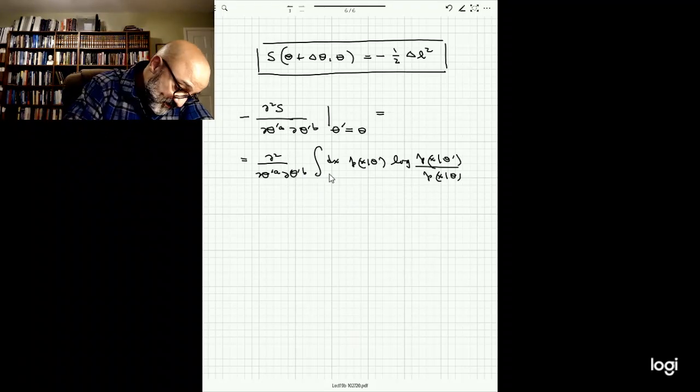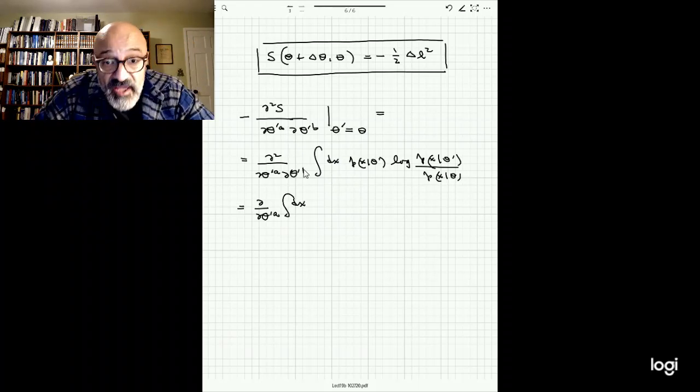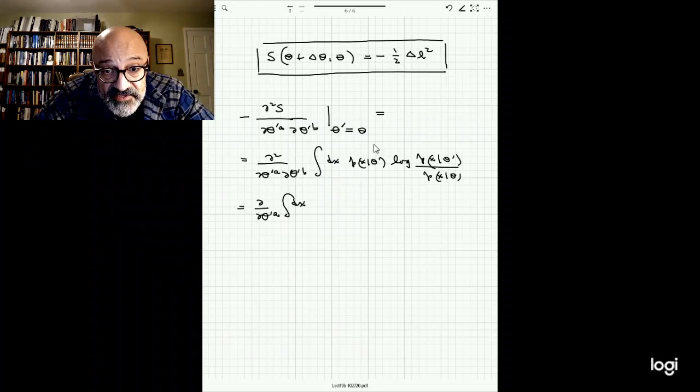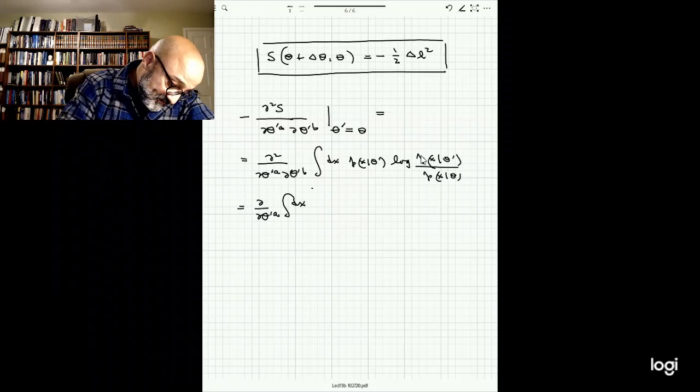So here we go. The derivative theta prime A of this guy here. Very good. When we take the derivative with respect to theta prime b of this guy, we're going to get the log. Here we go.